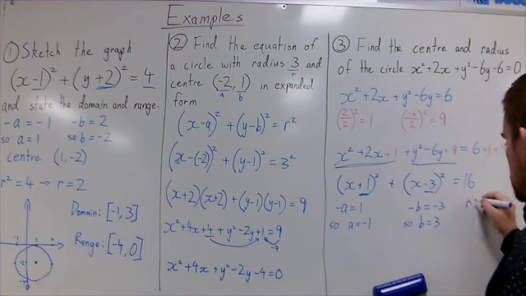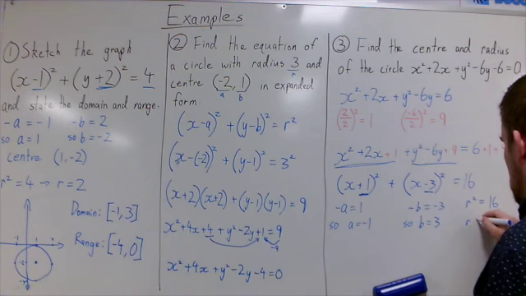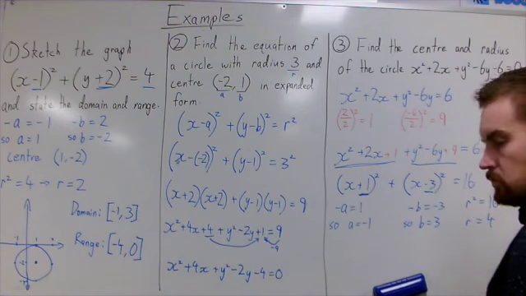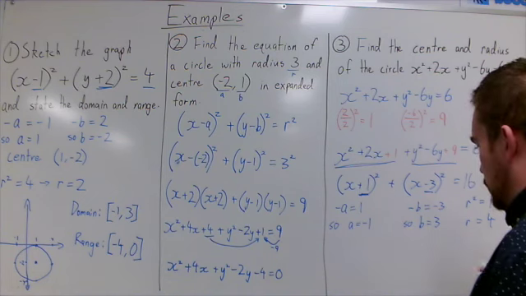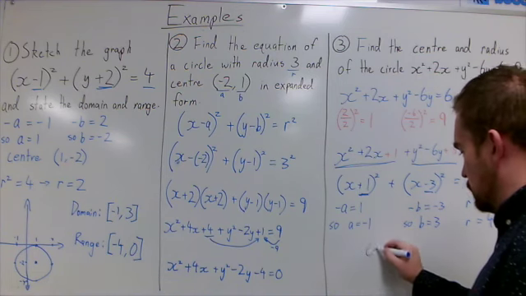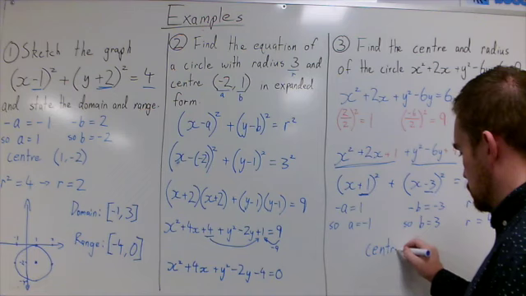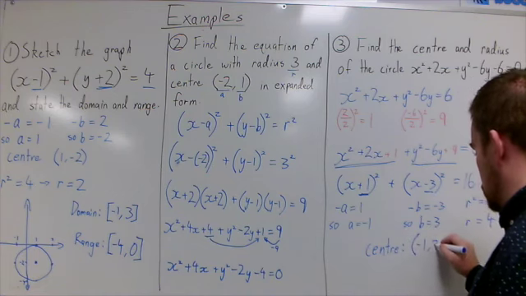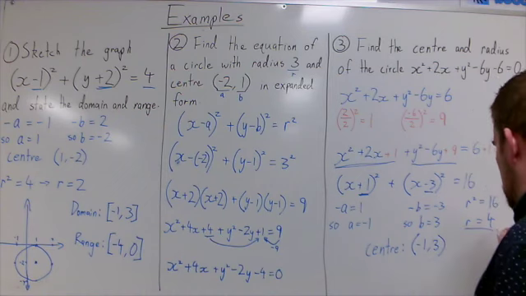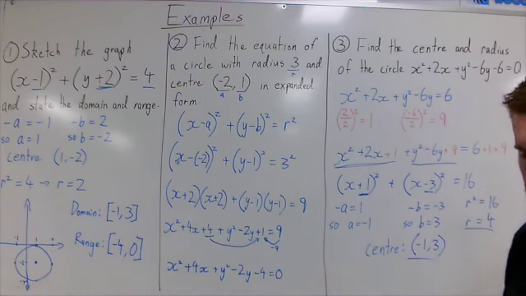And then r squared equals 16. So r equals 4. So you would want to write this actual center as a coordinate. So center is minus 1, 3. So we've got the radius and we have the center.